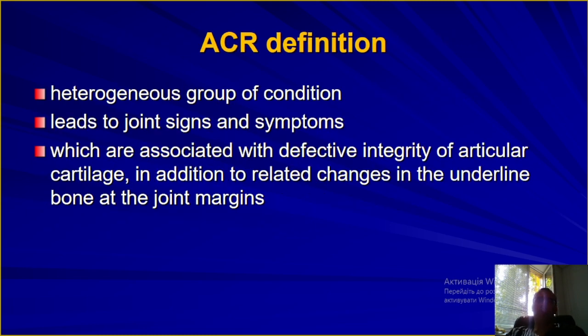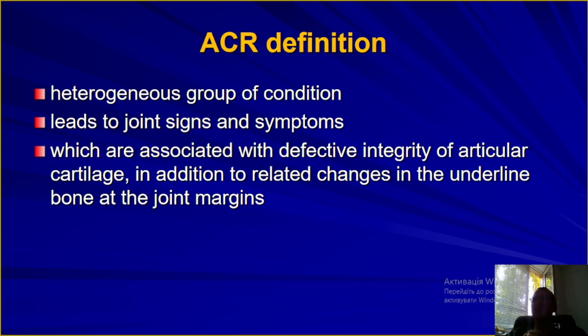According to the American College of Rheumatology, osteoarthritis is a heterogeneous group of diseases which have very similar signs and symptoms, and which is associated with defective integrity of the cartilage. What do we mean by a heterogeneous group of conditions? In fact, by today's understanding, osteoarthrosis is not one problem.